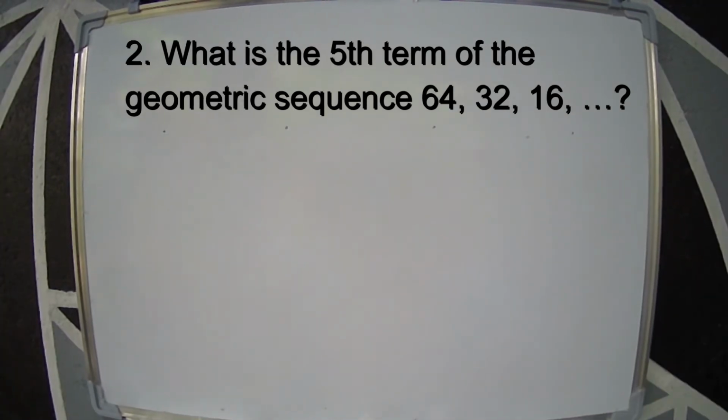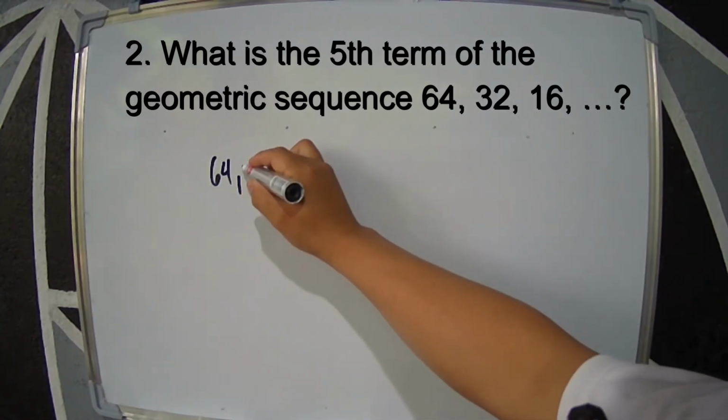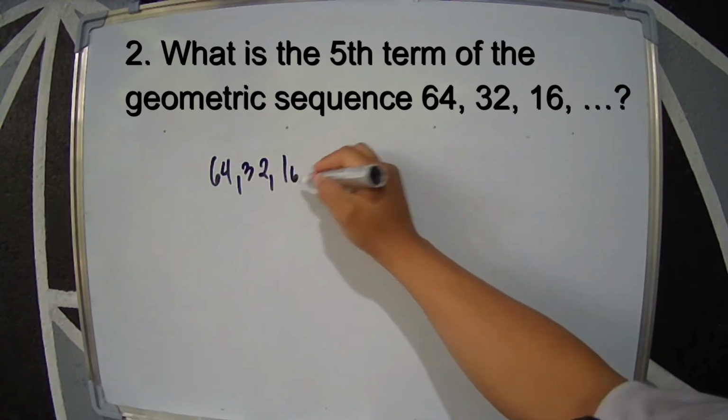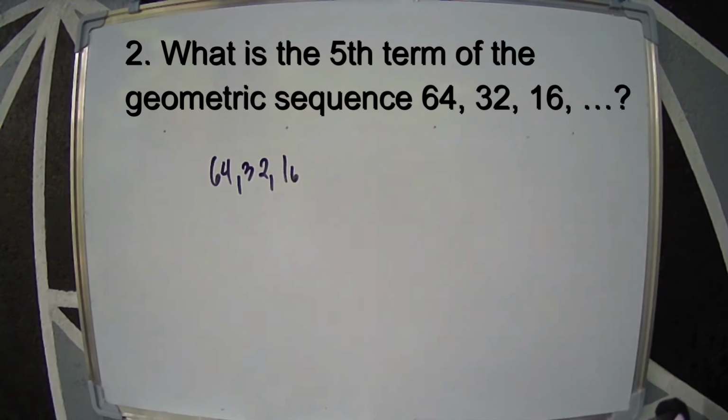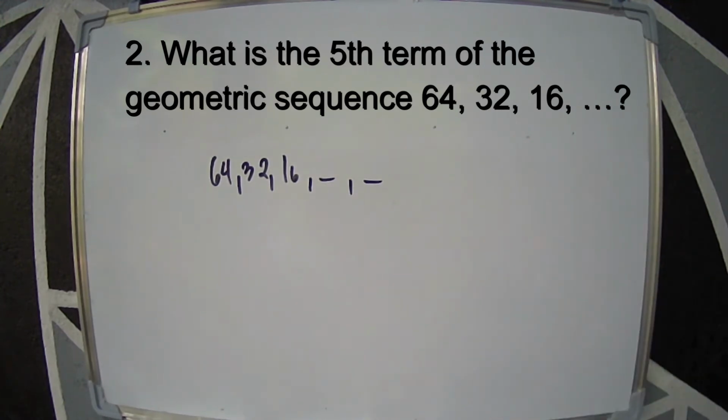Number 2. What is the fifth term of the geometric sequence 64, 32, 16, and so on? Alright, so we have here 64, 32, and 16. Since we're looking for the fifth term, we only need these terms to identify the answer.